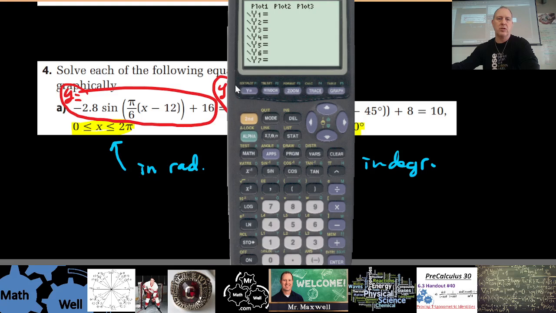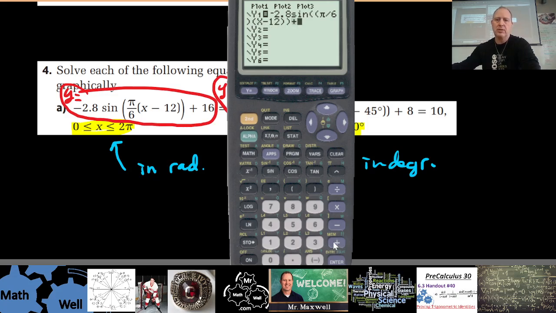Now I'm in radians, so I'm going to do this one. Remember, this is your negative button down at the bottom, not the side. That's a minus; it's different. So negative 2.8 sine, and I'm going to have to use some brackets here for sure. So pi divided by 6, that's how you do that, and then that's times another set of brackets, x minus 12, and close brackets: 3 left brackets, 3 right brackets.